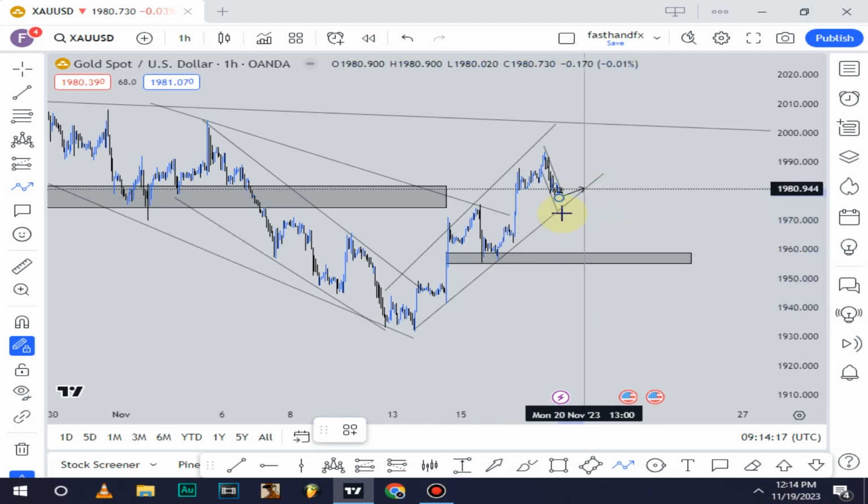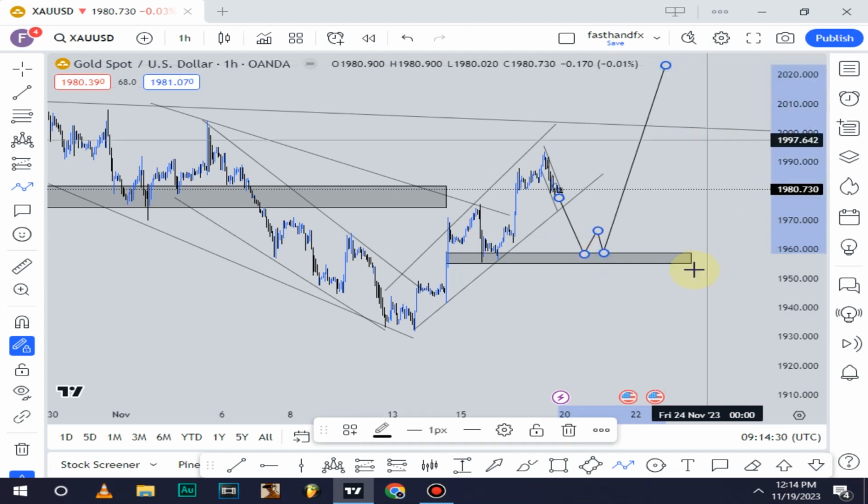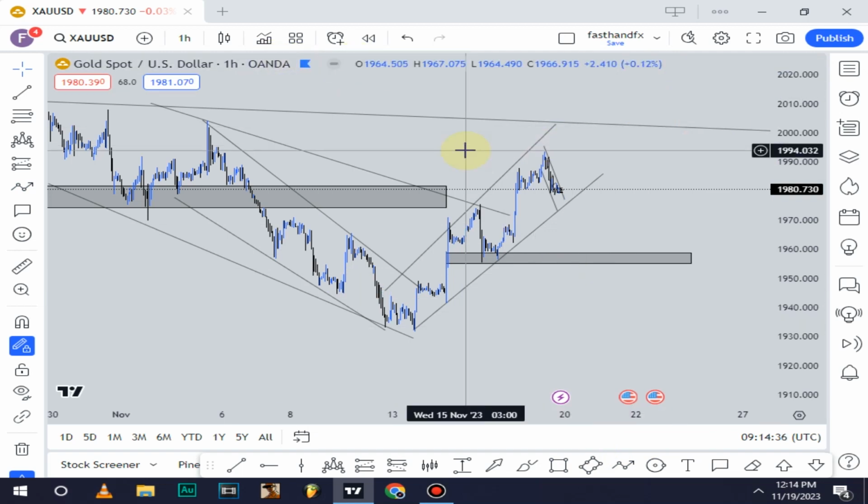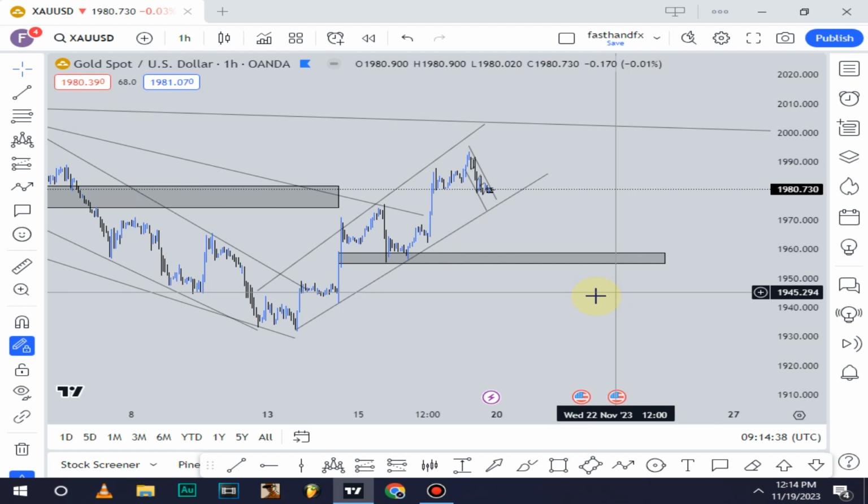So for now, if you see the market still dropping, do not try to sell. Understand the market might be doing this, go back right here, then that is when it shoots up, unless it breaks below. So that is it for gold, guys. So gold, I'm going in for buys, guys. That is it.